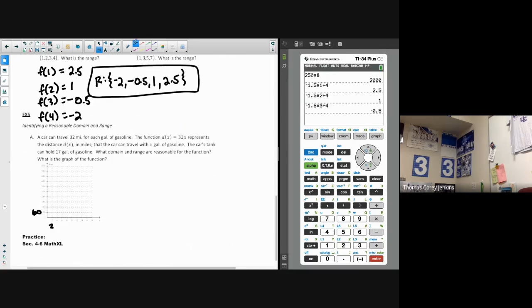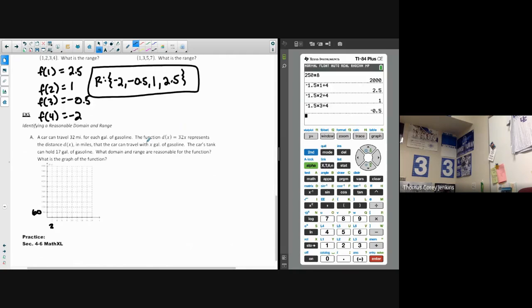All right, so we've got to think here, right? So we got to think about which inputs could we kind of use here, right? So which values for x would make sense? Could I plug in like -1, for instance? The answer there would be no. I can't plug in -1 because you can't have negative gallons. Could I plug in 0?